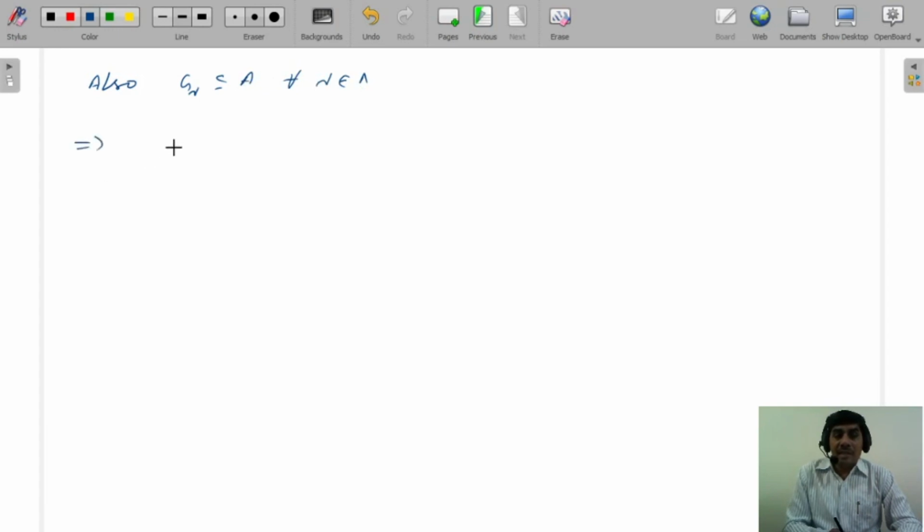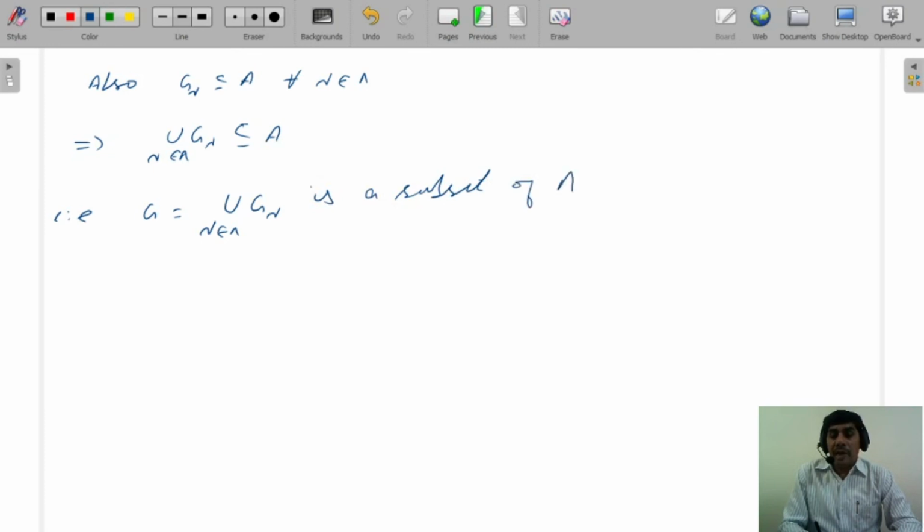This implies the union of G_lambda is contained in A. That is, G, equal to the union of G_lambda, is a subset of A, which is open.